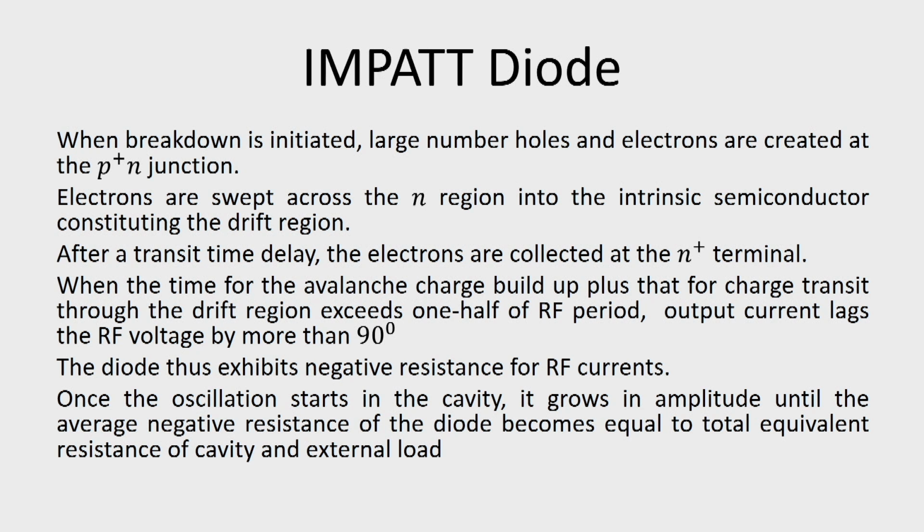Once the oscillation starts in the cavity, it grows in amplitude until the average negative resistance of the diode becomes equal to the total equivalent resistance of the cavity and external load. So, at that time a steady state is reached and the oscillator produces a steady output.